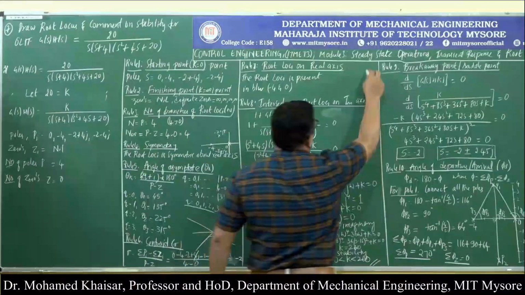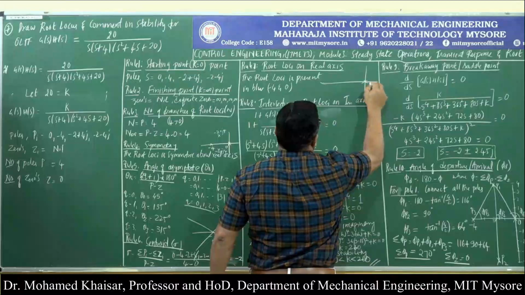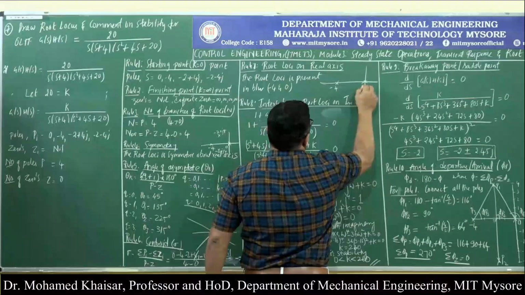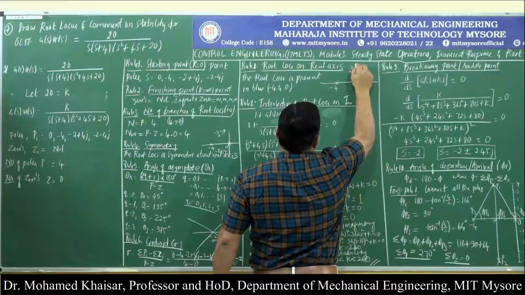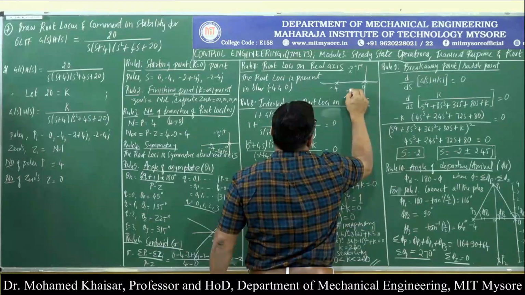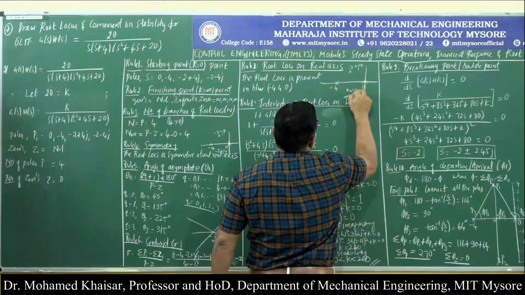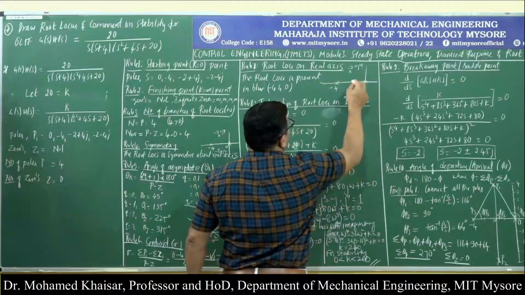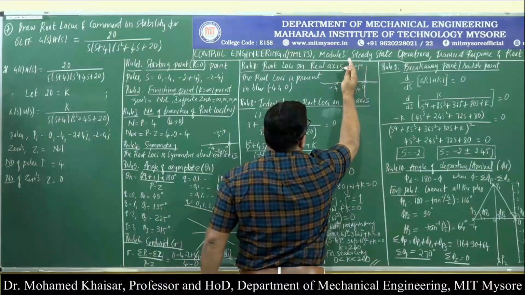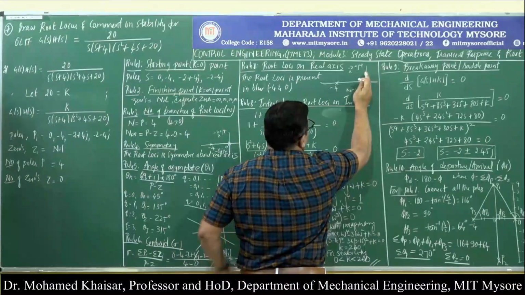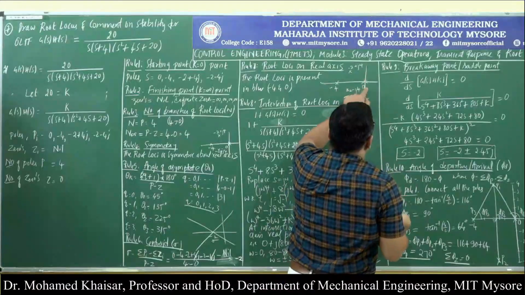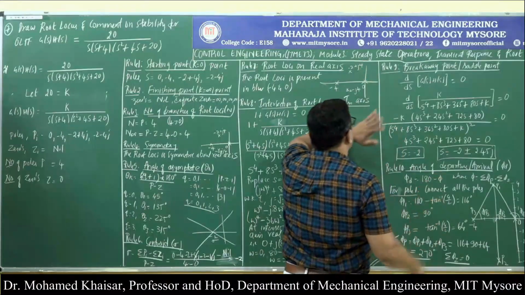Root loci on real axis: if we just see over here, there is a pole here, there is a pole at -4, there is a pole at -2 plus j4, and there is a pole at -2 minus j4. Between these two, this is the first pole, so you need to neglect.